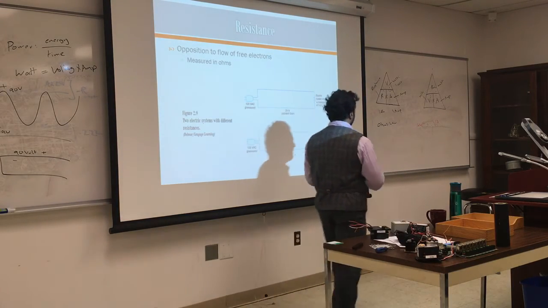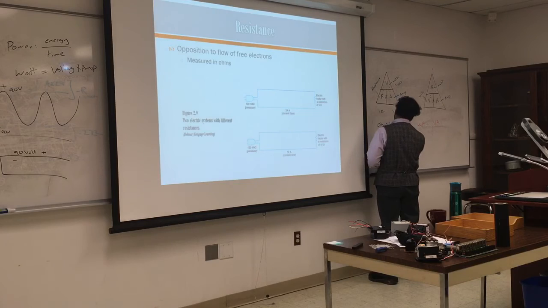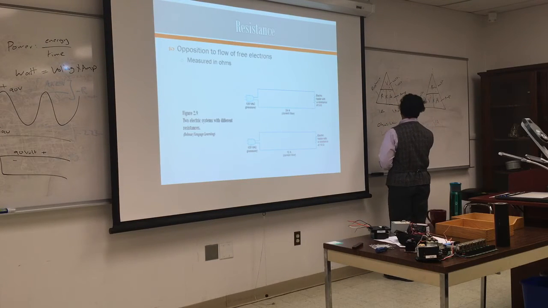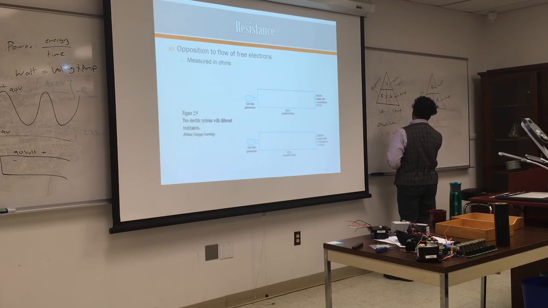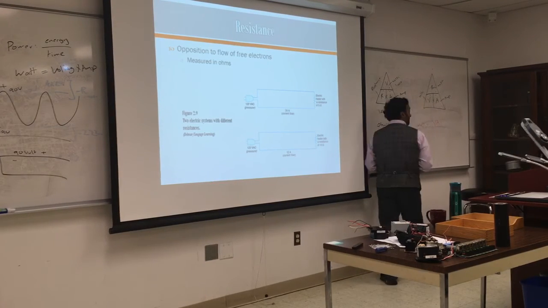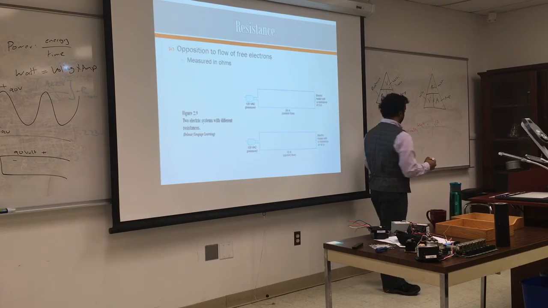Let's do that. If I have a light bulb, let's say 100 watts, to make it simple. I'm going to turn it on and leave it on for the whole month.